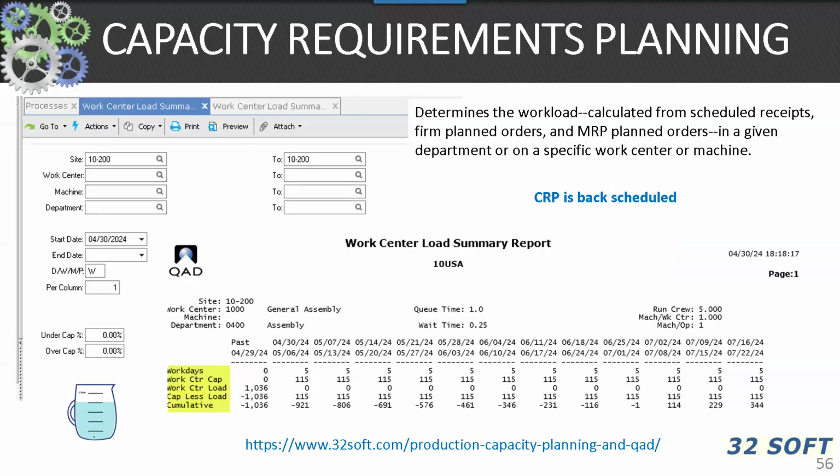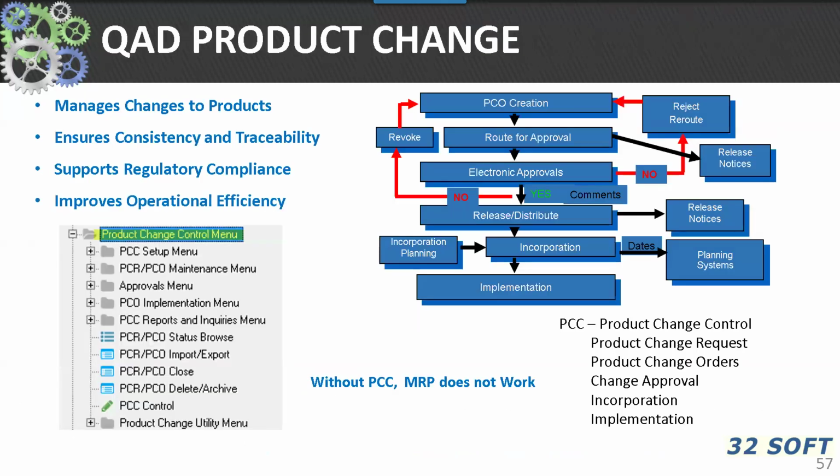The capacity requirements load, or work center load, determines the workload calculated from scheduled hours from planned orders in a given department or specific work center. It displays the work days, the work center capacity, work center load, capacity less load, and cumulative. I'd recommend, we did a webinar last year on production capacity planning in QAD that you might go look at.